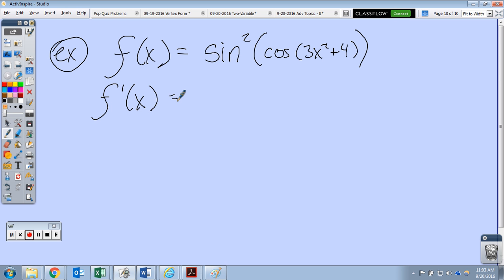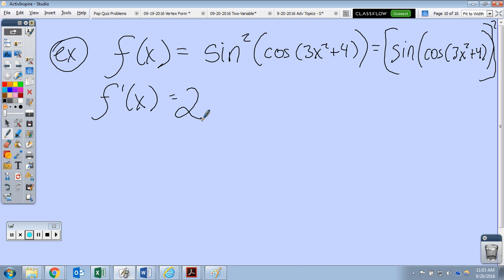It's like a double chain rule. It might be easier to look at that one on the right. So with the chain rule, here we go. We're going to bring the 2 to the front, and we're going to leave all this alone.